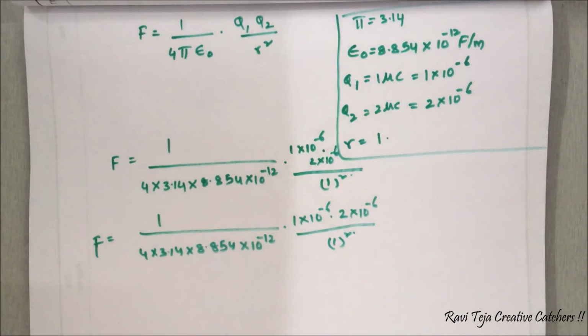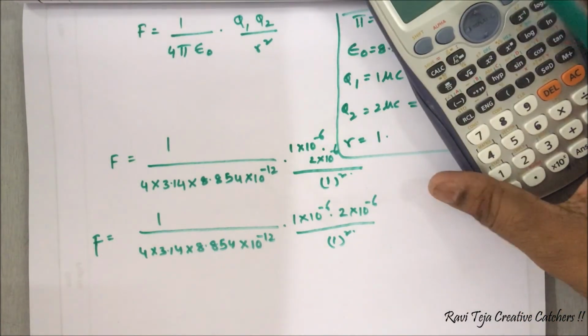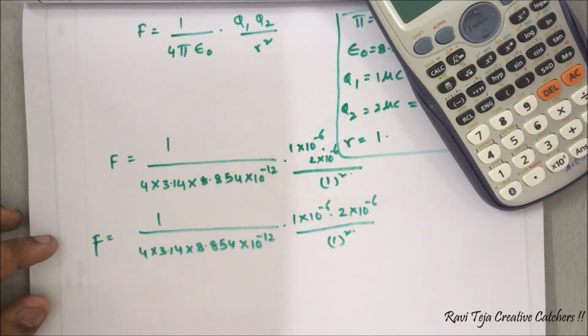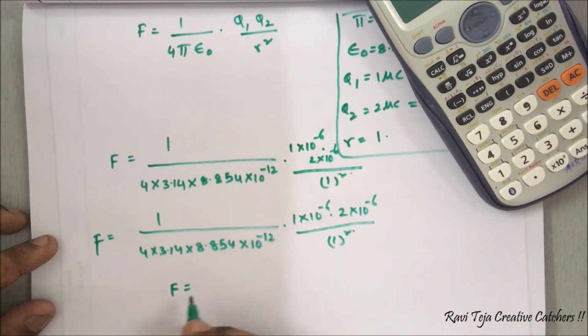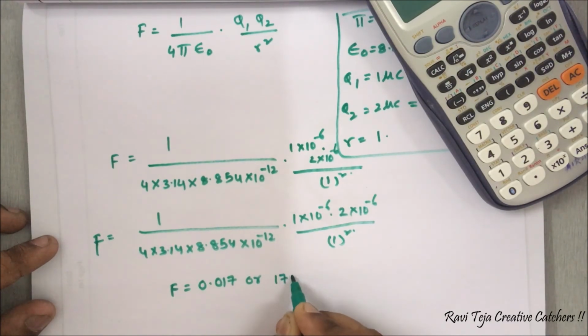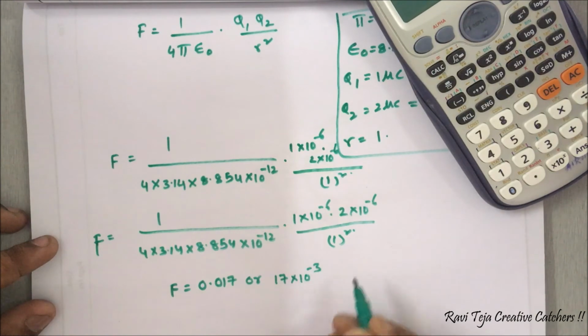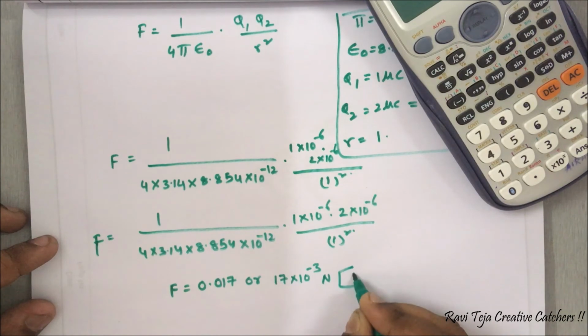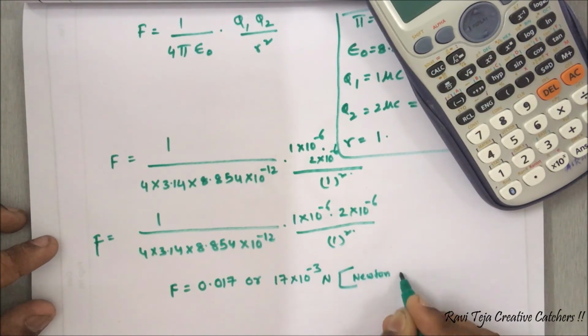Okay, so if you use a calculator and calculate all these values, F you will be getting is somewhere around 0.017, or you can also write it by moving the decimal point as 17 into 10 power minus 3 N, where N is Newton, the unit of force.